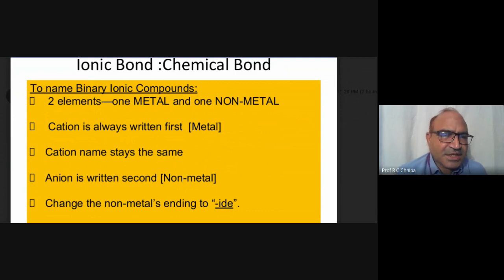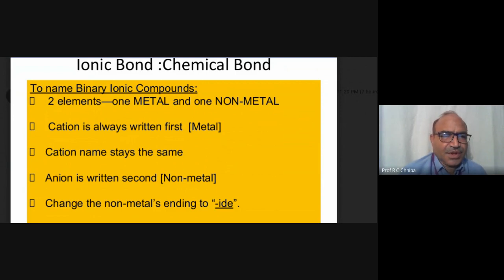Now the other aspect of naming a binary ionic compound is that the anion is written second. For non-metals, the name changes: chlorine becomes chloride, and this ending is used in sulfide, chloride, iodide, and bromide.